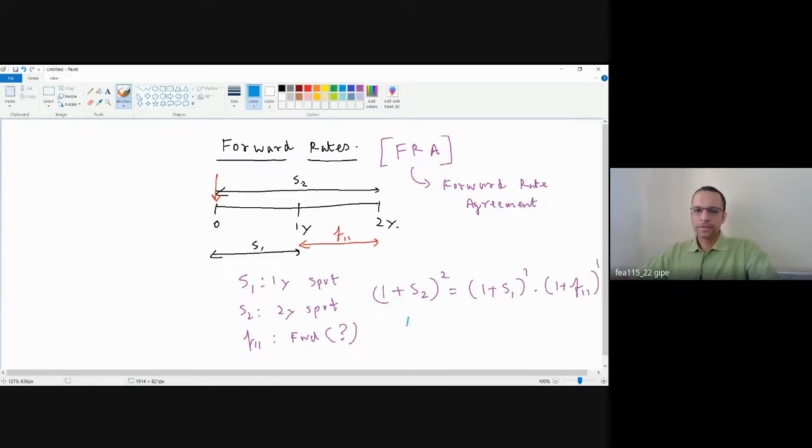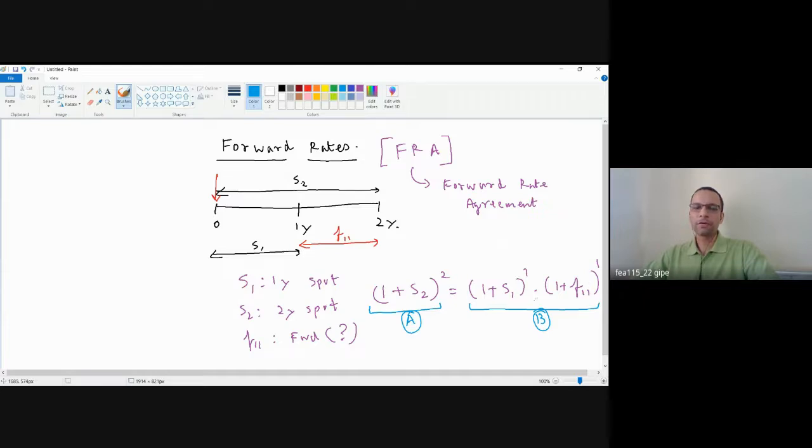Let's say I call this left hand side portfolio A and right hand side portfolio B. If I'm an investor with a 2 year time horizon, and I have to invest a certain amount X of money today, then I should be indifferent about whether I'm investing my money at S2 for 2 years, or investing at S1 for 1 year and then reinvesting my proceeds at F11 for the next 1 year.